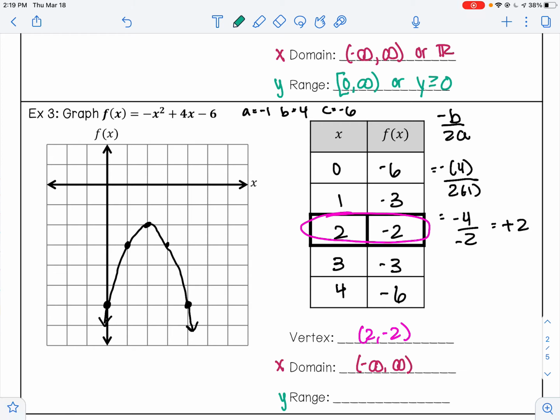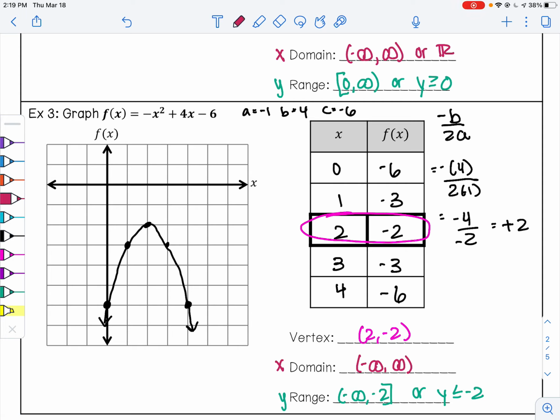So my range is from negative infinity to negative 2. Or we could say y is less than or equal to negative 2, because everything is below my vertex. For my domain, instead of saying just negative infinity to positive infinity, you could have also said all real numbers.